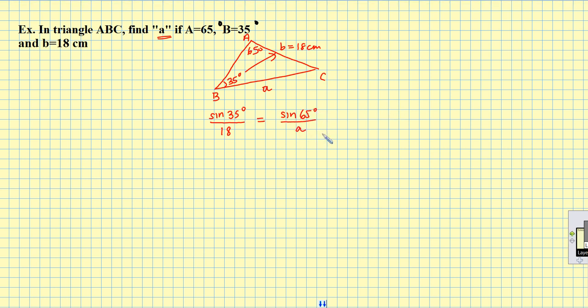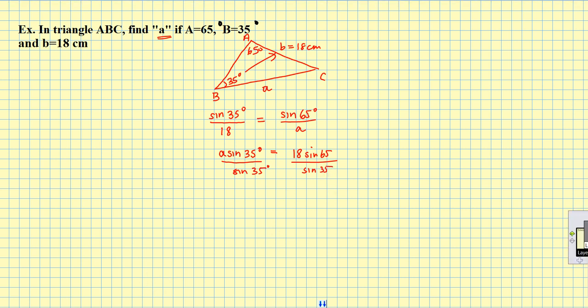Okay, so all I do now is rearrange the equation so that I would have the sine of 35 times A is equal to 18 times the sine of 65. And therefore, I would then divide both sides by the sine of 35.